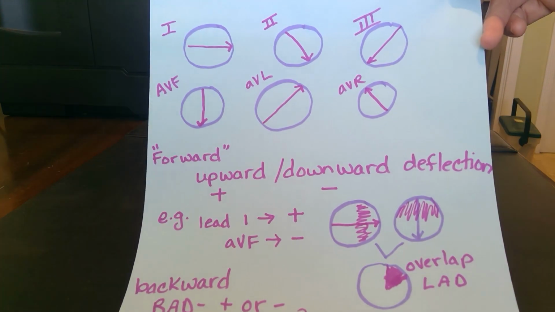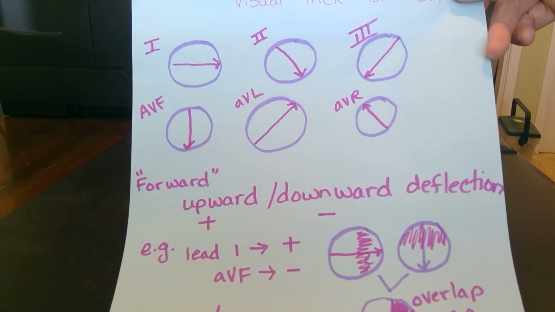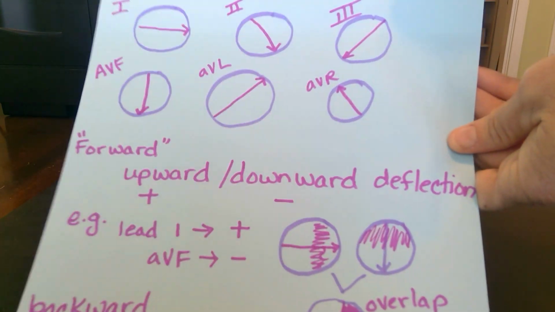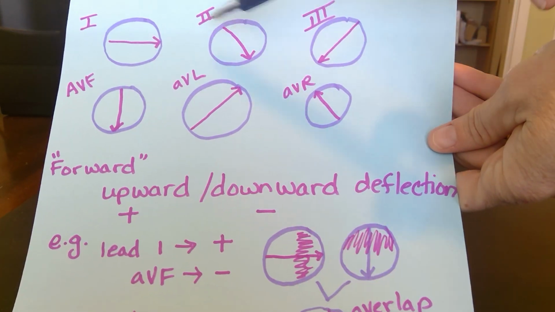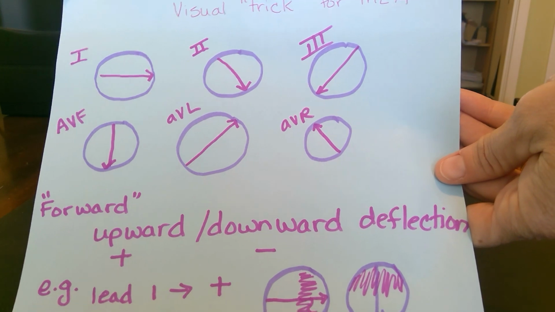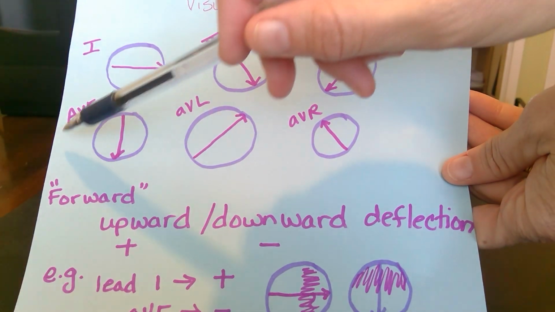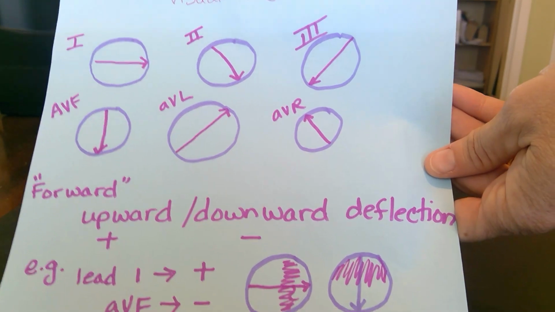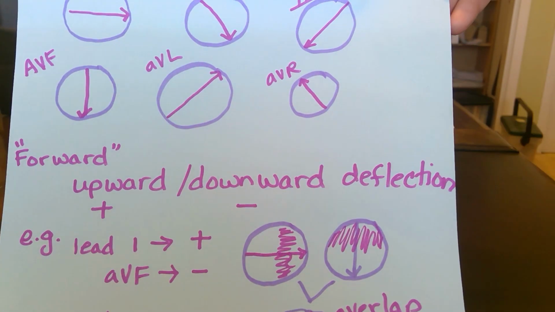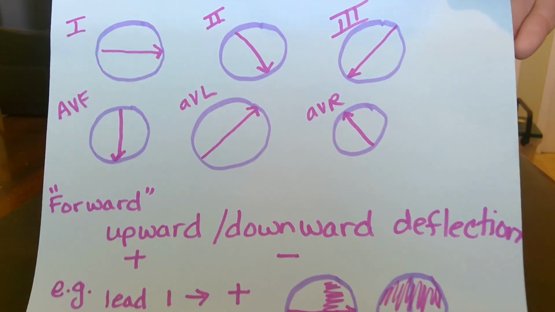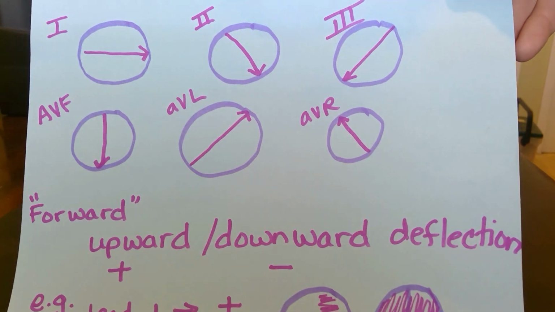First of all, here are the 6 leads drawn in a circle for each of the 6 that you need to know. I've paired them appropriately because when you use the visual trick, you can use any 2 leads you want to use.